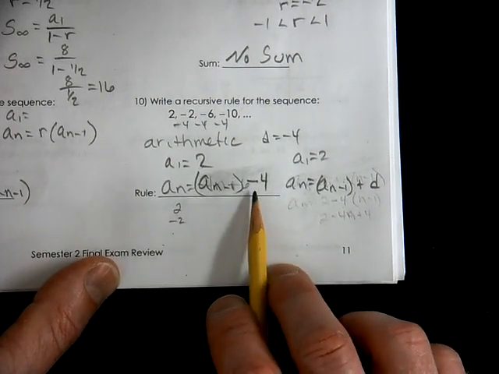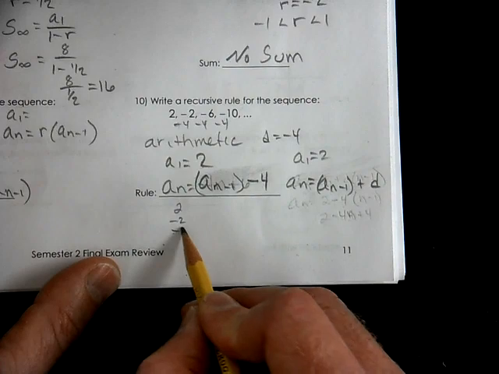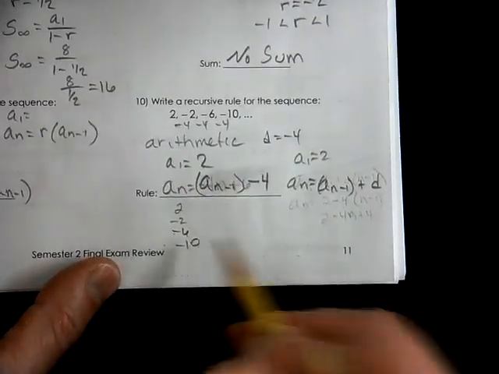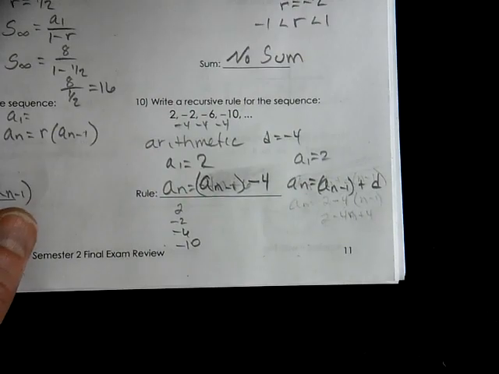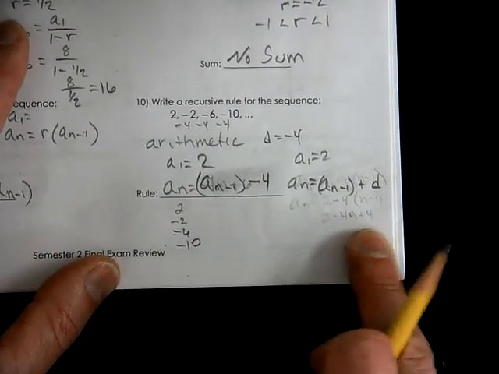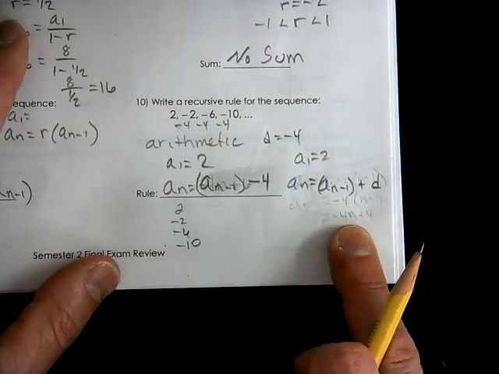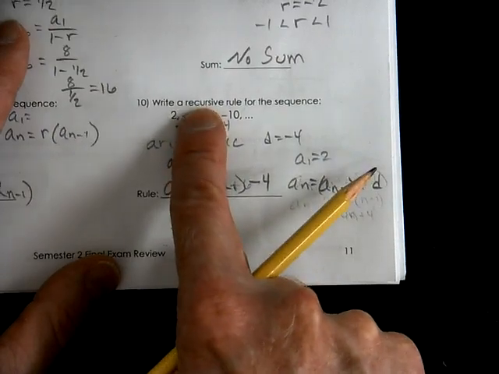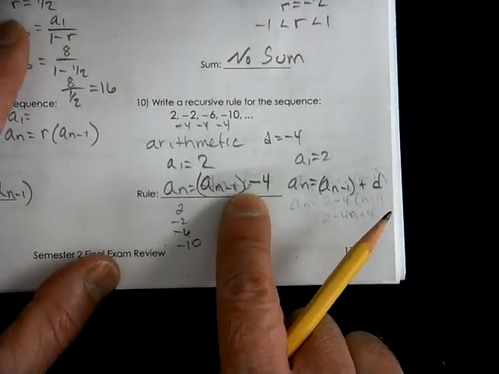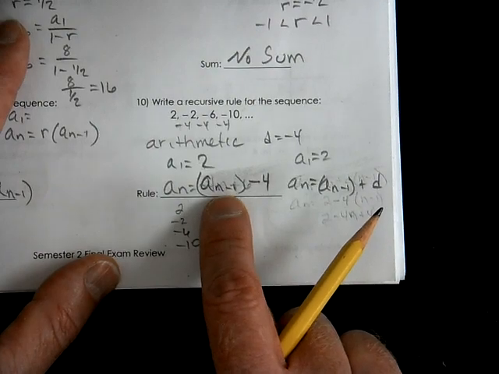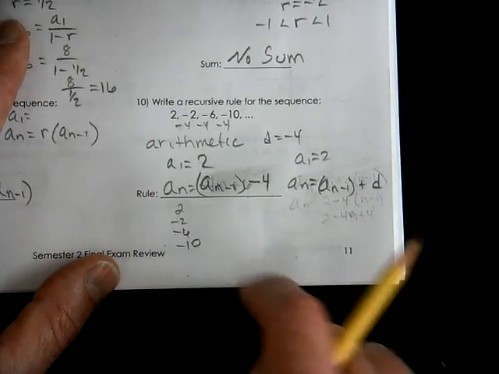We put negative 2 in there and subtract 4 to get negative 6. Plug negative 6 in there, minus 4 is negative 10. There we go. So it's always good to check your work. I didn't do the math wrong. The math was correct. It was a rule for that sequence, but it was the explicit rule, not the recursive rule. The recursive rule requires us to use the previous term. So this is your previous term, a of n minus 1.